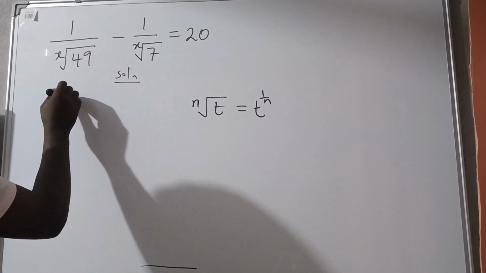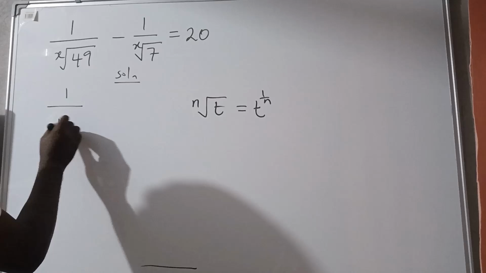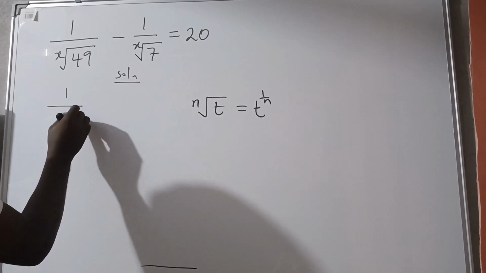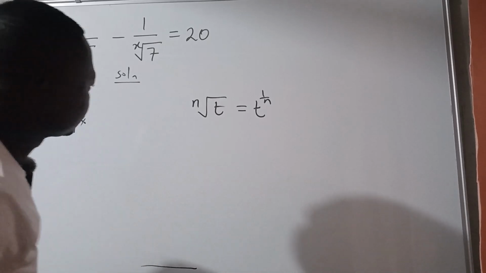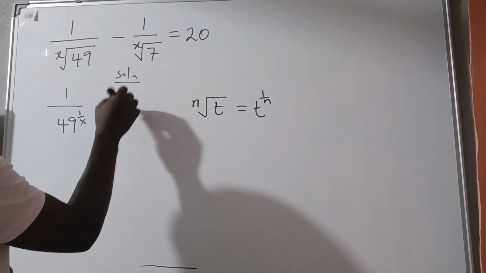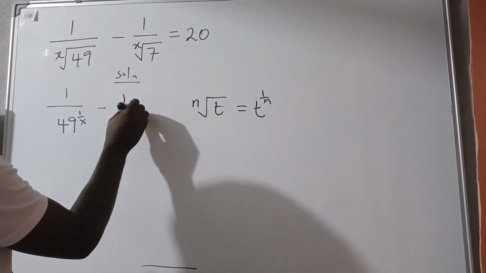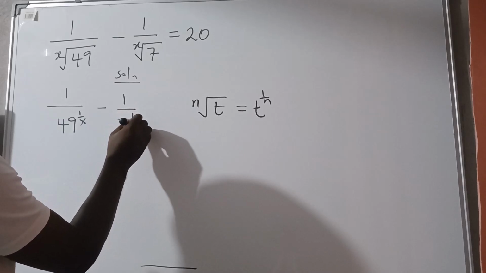Can we write this one as 1 on 49 exponent 1 on x, minus, we have another one here, 1 on 7 exponent 1 on x.